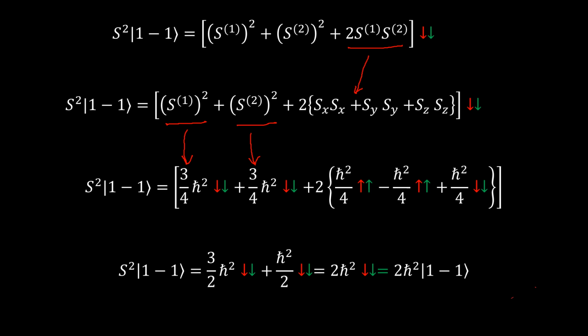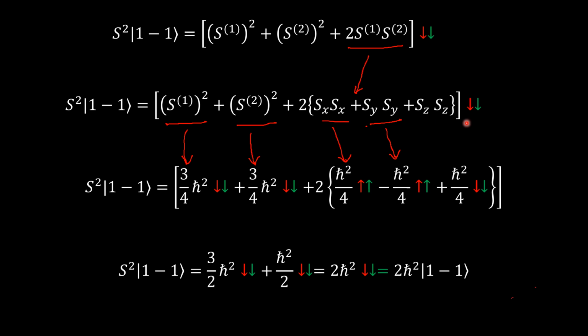Here Sx, we have seen this will flip the state. So this will give you ħ squared over 4, both will become spin up and spin up. What about Sy? This is Sx. Sy, it will flip the state, that is, spin down will become spin up. And you will get minus ħ squared over 4.